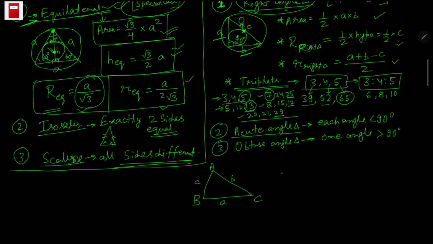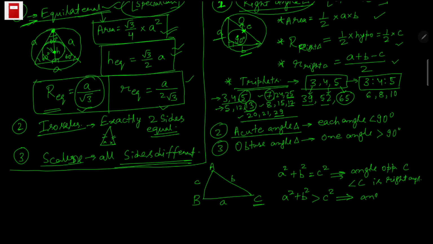Simply, if I have a square plus b square equal to c square, that means the angle opposite the side C, which is angle C, is a right angle. That's what it means. If I have a square plus b square greater than c square, what does that mean?